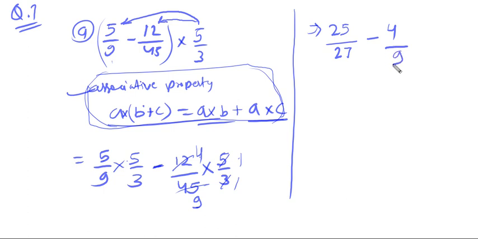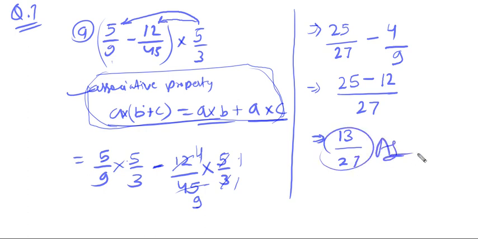LCM of these two will be 27. 25 minus 9 3s are 27, so multiply this 3 with 4, 4 3s are 12. 25 minus 12 will be 13 upon 27. This will be your answer, right?